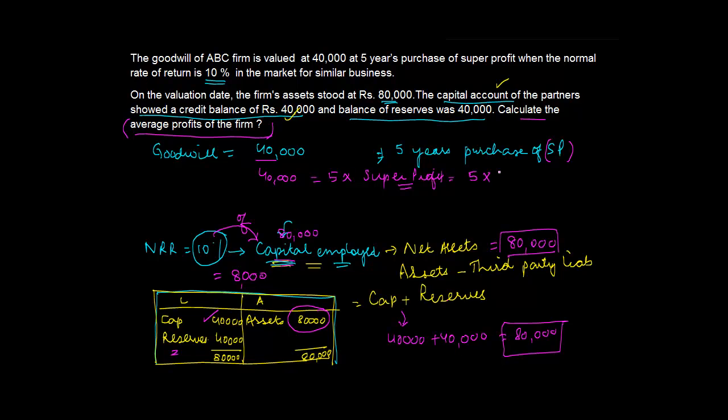Super profits can be written as average profits minus the normal profits, not the rate of return, right? Or I can write this as 5 times AP minus normal profit, which is how much? 8,000, is equal to 40,000, right?